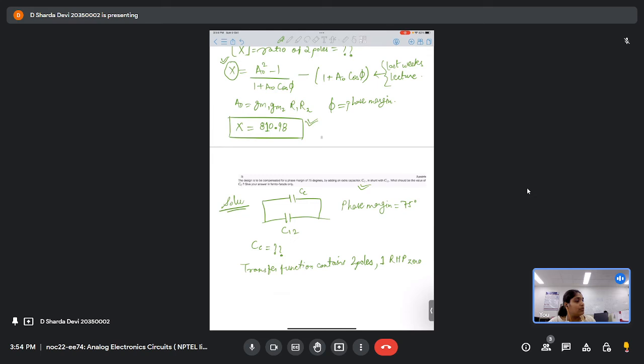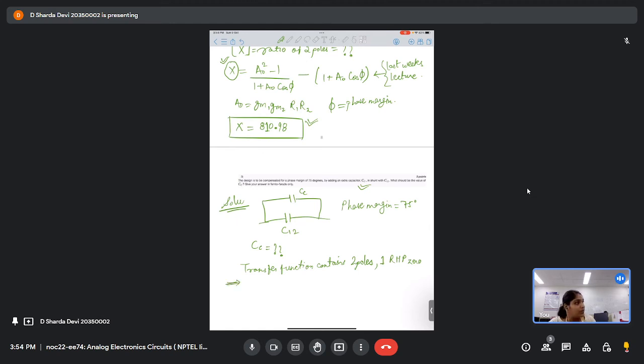Now when we work on it, when we want to find out the two poles, for that we need to know the output impedance.